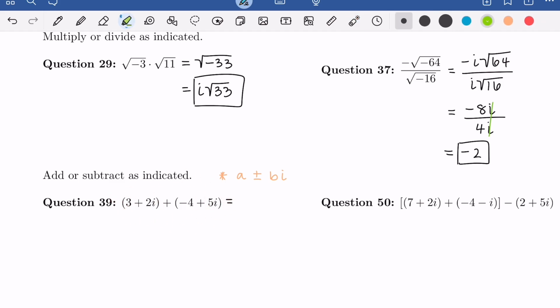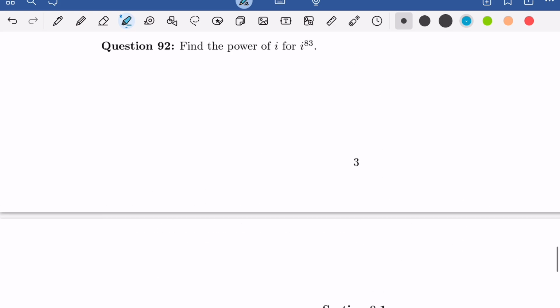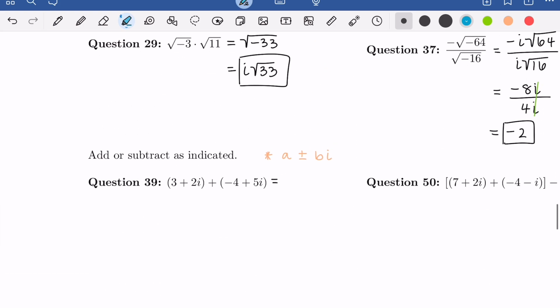Now looking at like terms, we have this 3 and this minus 4. So we're going to add those, our real parts. We're going to get negative 1. Now our imaginary parts are 2i and 5i, so we're going to add those guys together. So we're going to get plus 7i. So this would be our answer there.